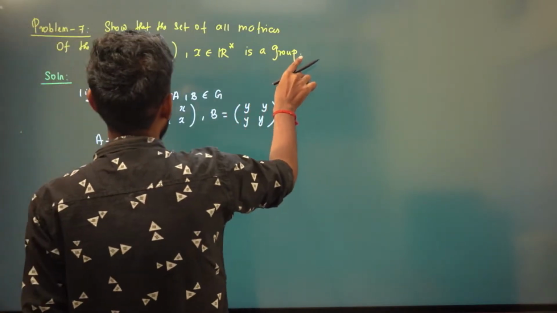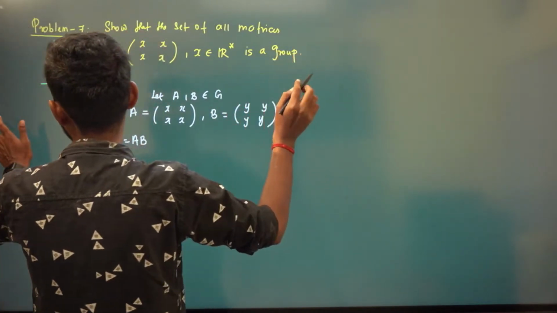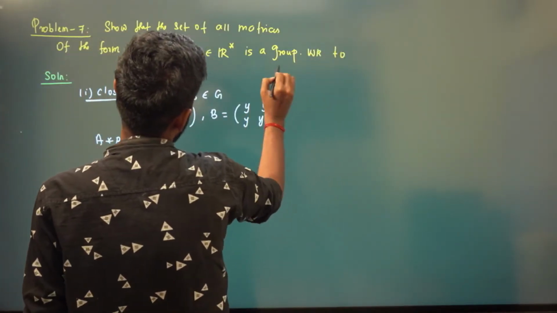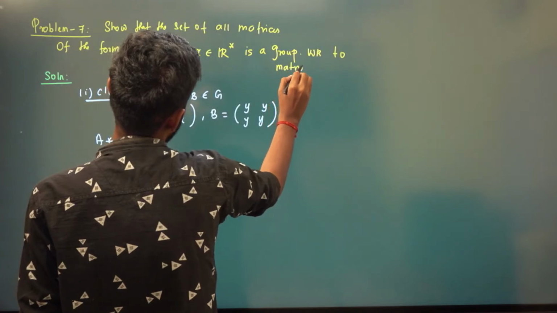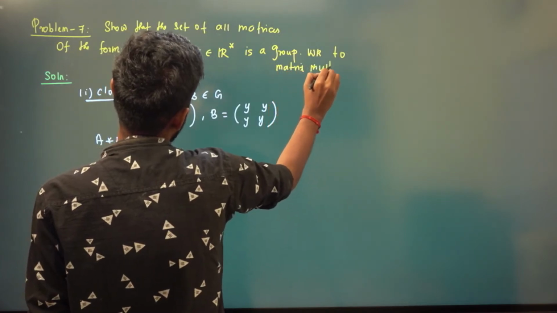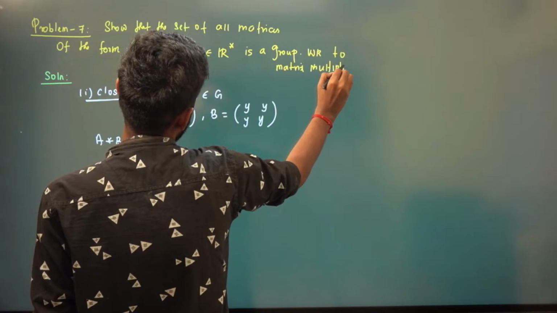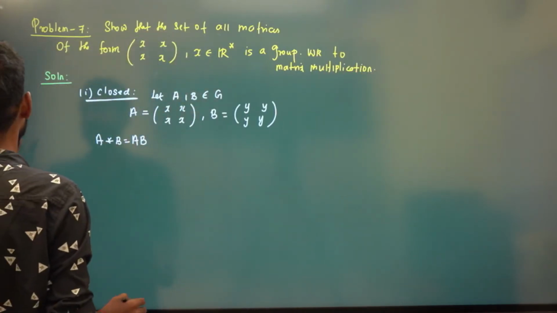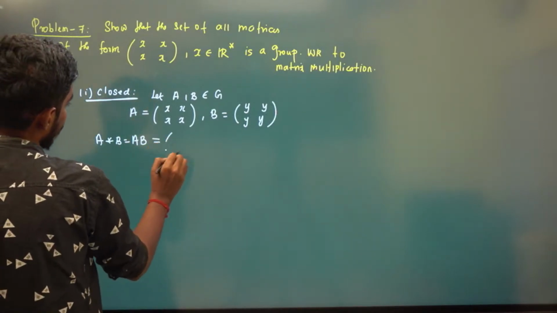The group is with respect to matrix multiplication. See, the operation is very important. So what about AB?